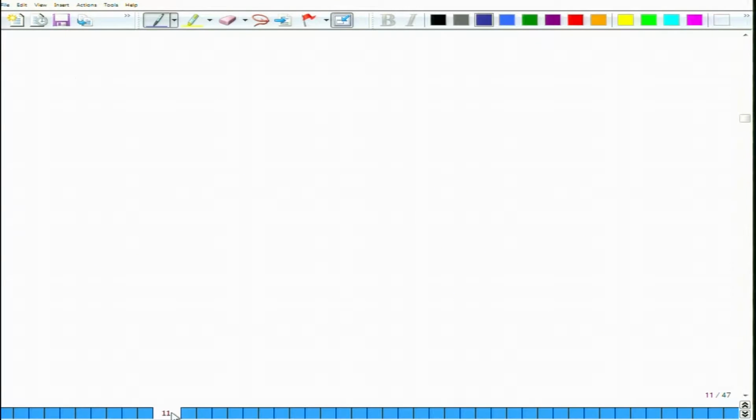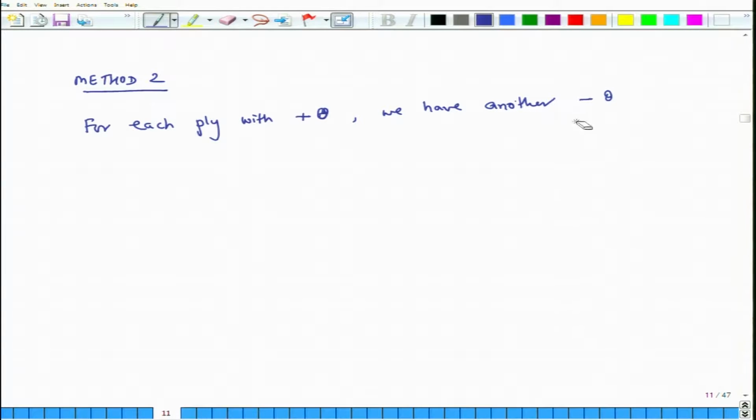The second method, method 2: for each ply with positive theta orientation, we also have another ply with minus theta orientation.